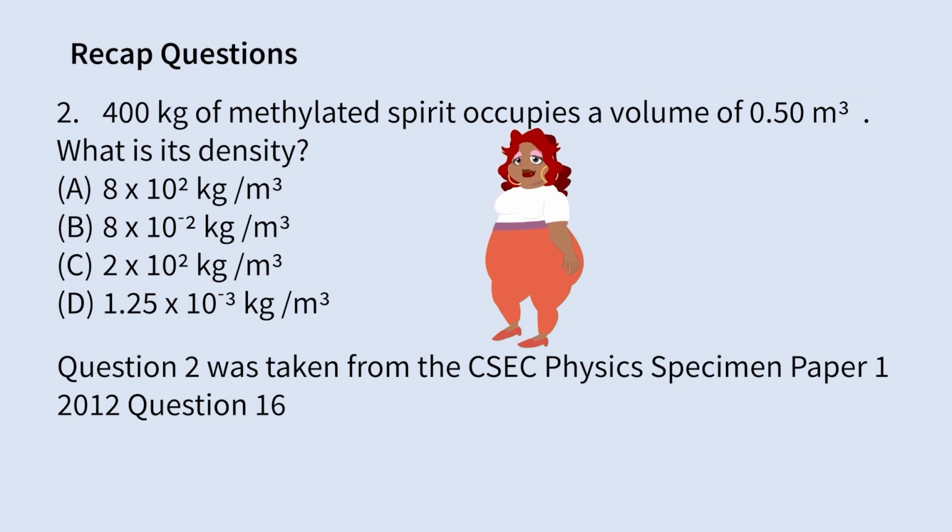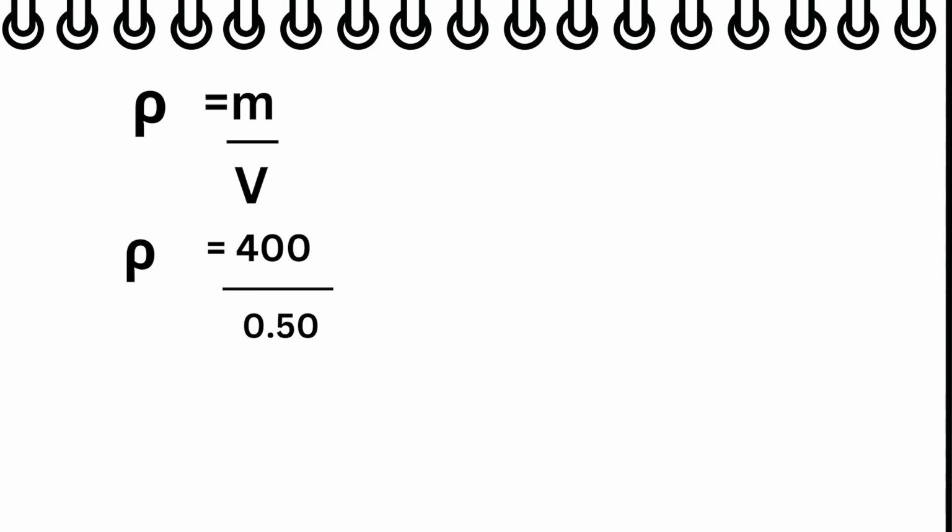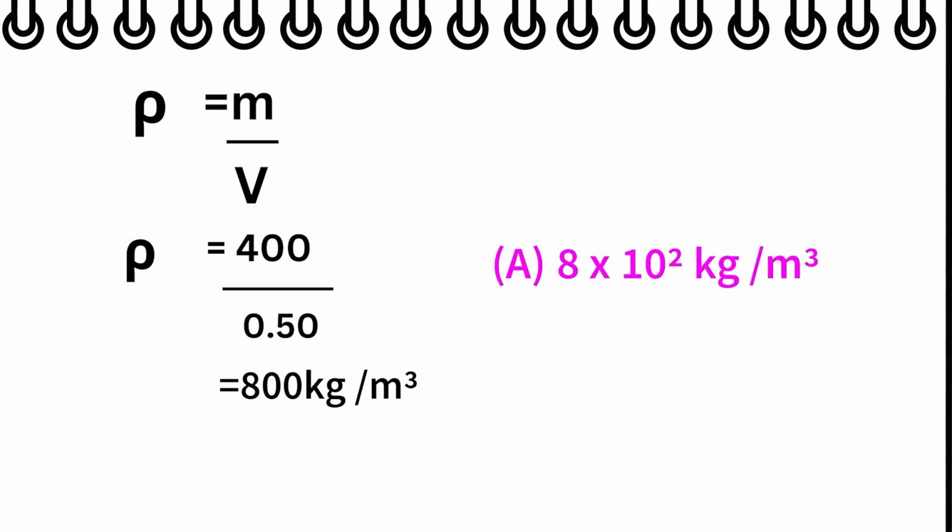The question asked us to find the density of the methylated spirit. I'll first state the formula for density. Then I'll substitute. Our answer is 800 kilograms per meter cubed, and when written in standard form is 8 by 10 squared kilograms per meter cubed.